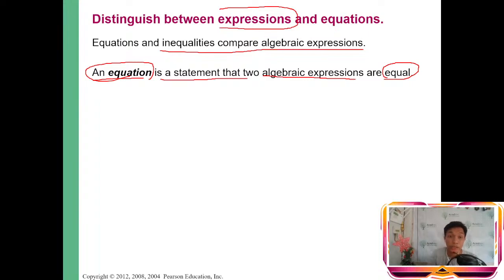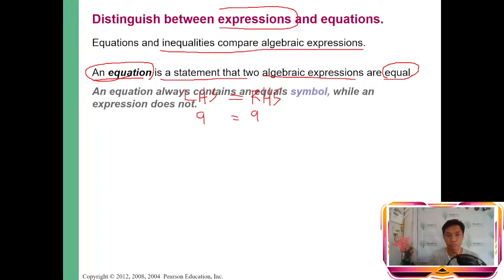Take note, left hand side equals the right hand side. For example, 9 is equal to 9. That is an equation. They must be equal.